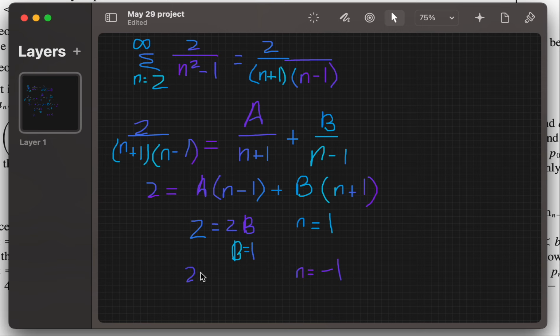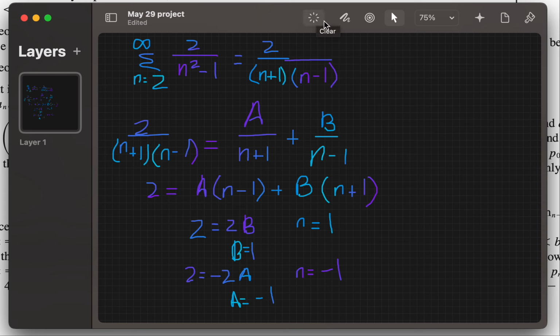You have 2 is equal to negative 2a. A is equal to negative 1. So you have the a value and the b value.